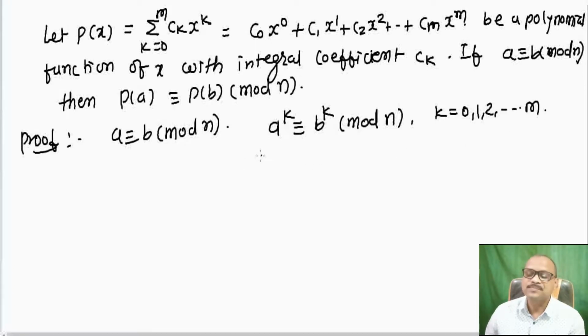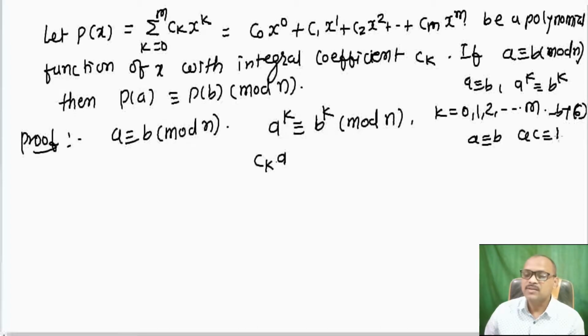This is by property number 6 of congruences, in the previous video, which you can watch. Again, we can multiply by any number, by the third property: if a is congruent to b, then ac is congruent to bc.